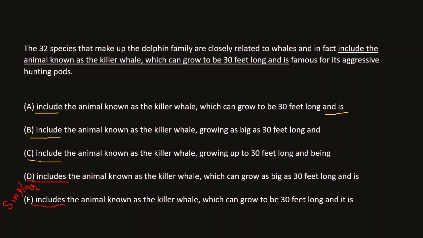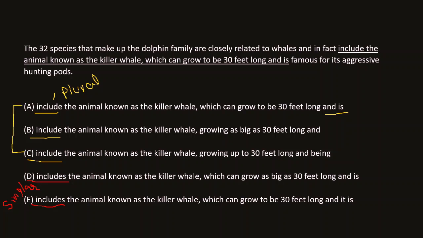What is the difference between include and includes? I told you that when we add s or es to the verb, then it becomes singular. Speak, speaks. Do, does. Do is plural. Does is singular. Speak is plural.